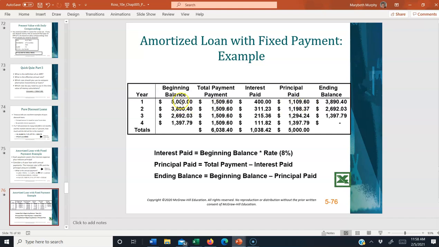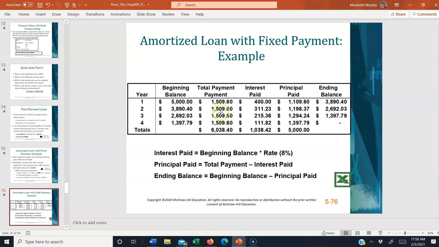So we're going to take that 5,000, subtract what we paid back, and get a new ending balance. That new ending balance now becomes what we charge interest on. So we're going to take 3,890.40 times 8%. That gives you $311.23.